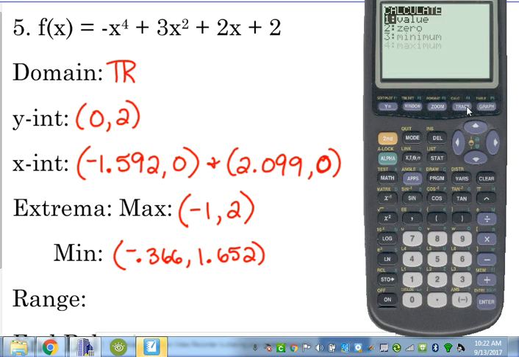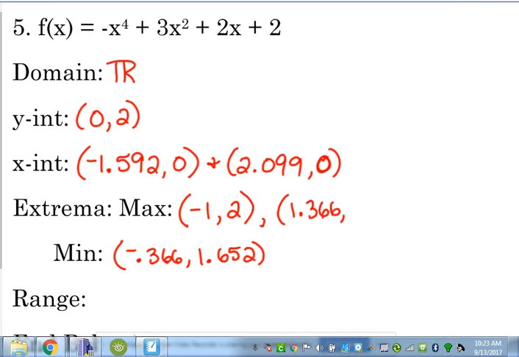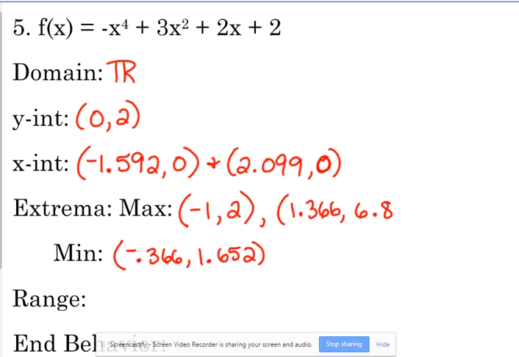And we got one more maximum to find, so second trace 4. Left bound, right bound. Okay, (1.366, 6.848).